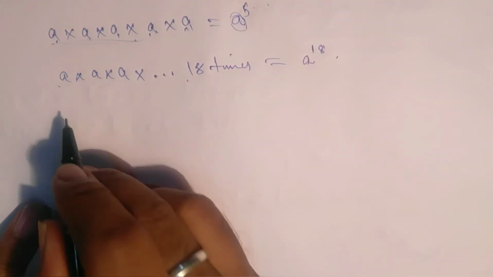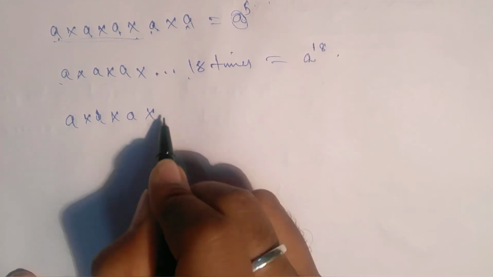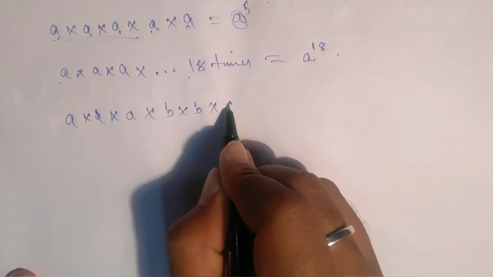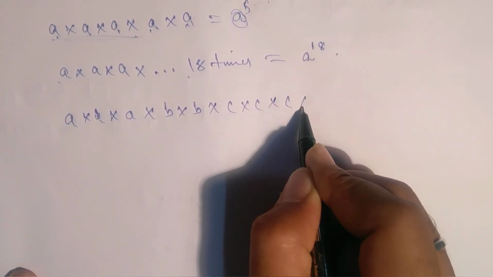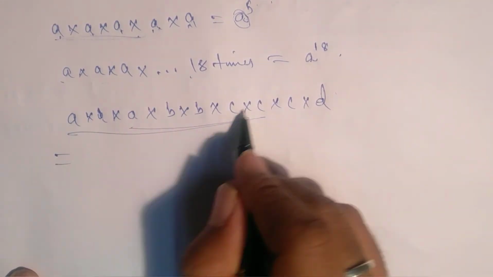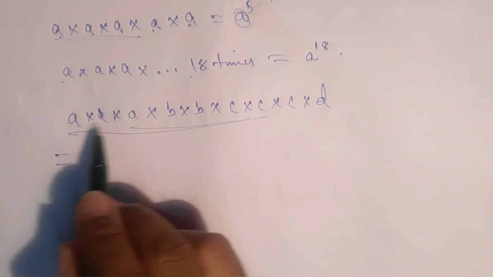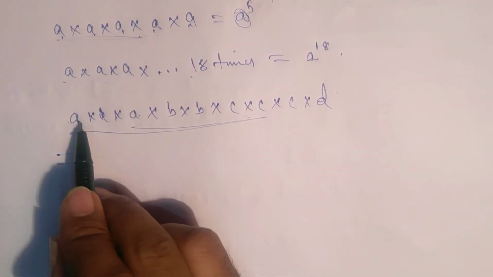Now in the middle, if we take a into a into a, and then again b into b into c into c into c into d. So how are you going to represent this expanded form in exponential form? You just see which repeats. So a repeats 3 times, means a into a into a.